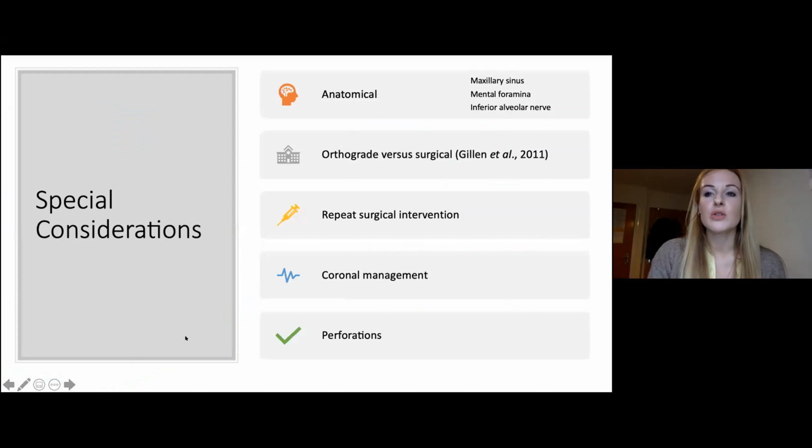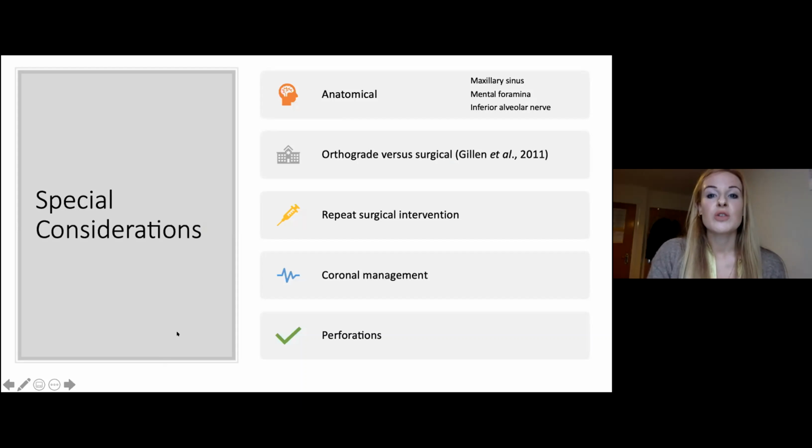Some considerations also brought up by the literature were that of anatomy. For example, molar teeth being more challenging to treat, and those premolars around the mental foramina being, again, cases where special consideration would be needed with CBCT planning.